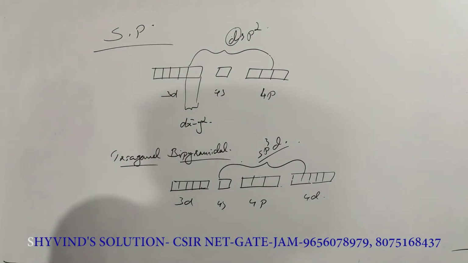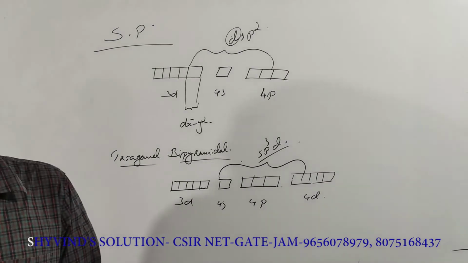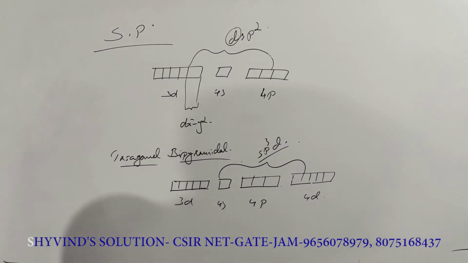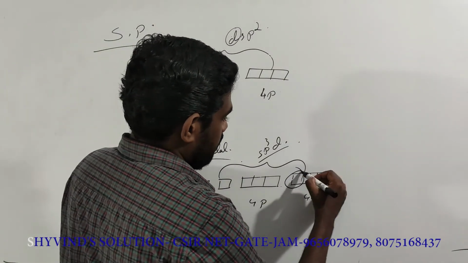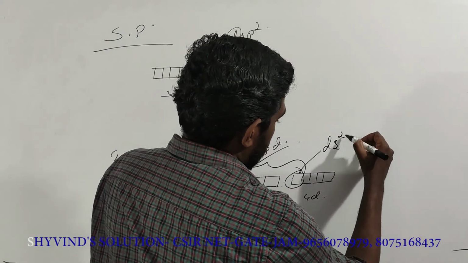For this sp3d hybridization, the orbital involved is dz square. This will be the dz square orbital.